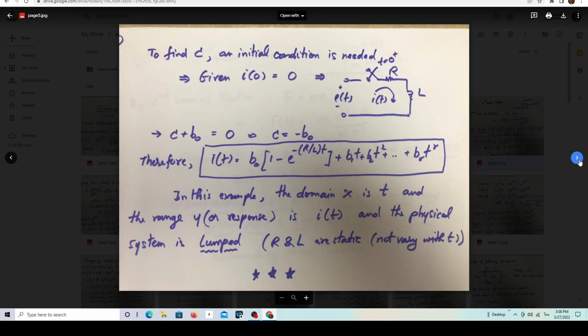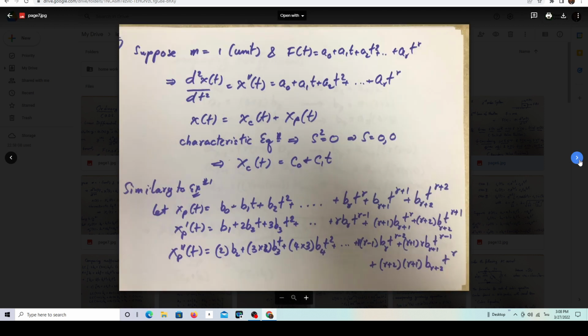But for this example, the force function is a polynomial of order r, but the resulting function we are looking for from the differential equation becomes order r plus 2. Why? I think it makes sense if you look at the equation here.